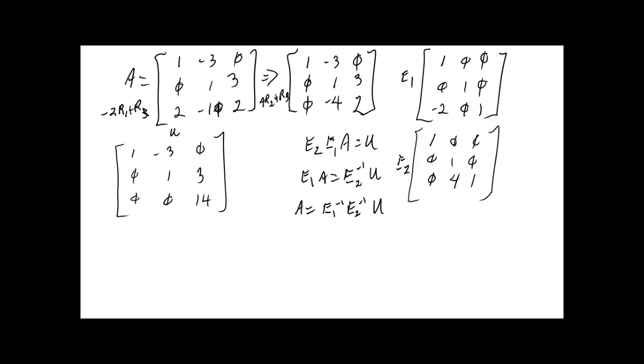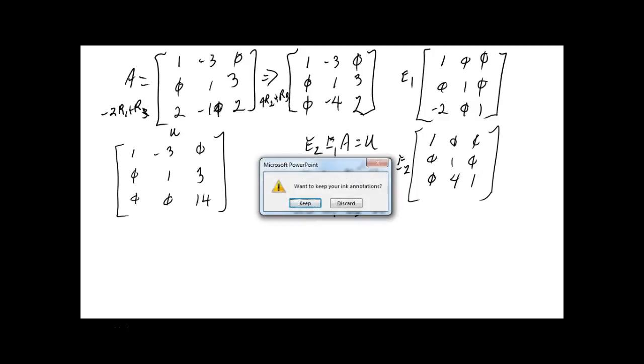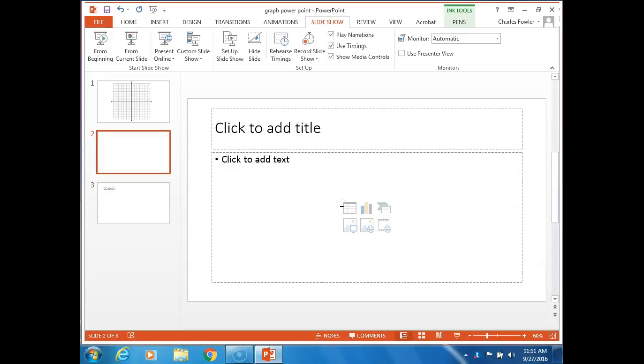Sure. Can you maybe escape the PowerPoint and see what it looks like outside the PowerPoint, if it's just the PowerPoint? Should I keep or discard? You can go ahead and discard. Yeah. It's still pretty dim.